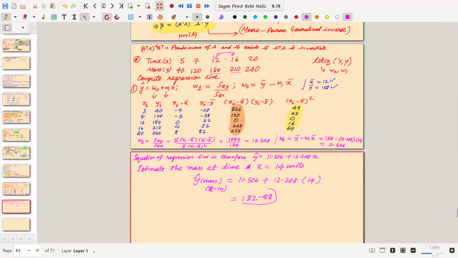That is 182. So this is an intuitive way. If the weight comes out to be 500, then you will see something unusual happened here. But the weight remained nearly 182, in between 180 and 210. So you understood what I'm trying to intuitively tell you.